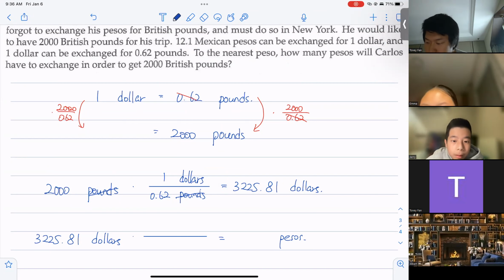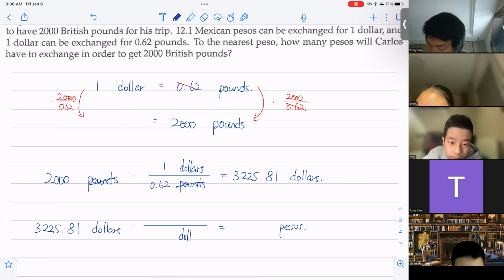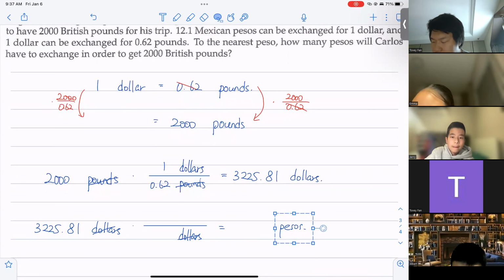The unit on top should be pounds, and then the bottom should be dollars. Yeah, bottom should be dollars. That's very nice because you want to cancel out dollars, right? Now, what is unit on the top? You said pounds. But we want to get pesos, right?